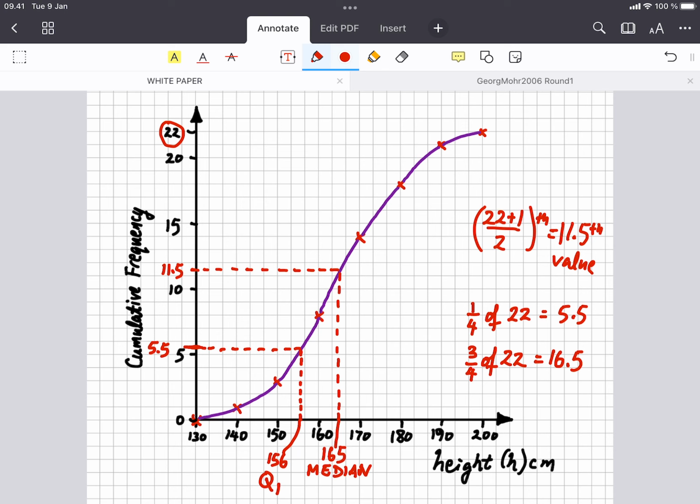So I can use my cumulative frequency curve to estimate a height for the person who's at the 3/4 point of the data, or the 75% point of the data. So I can read across from the 16.5th person until I get to the curve.